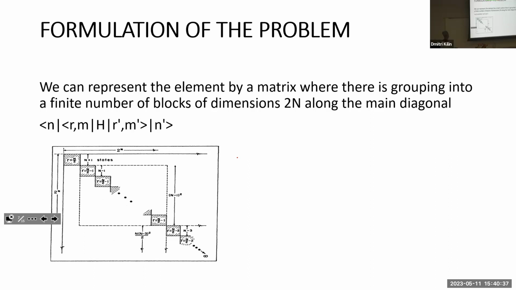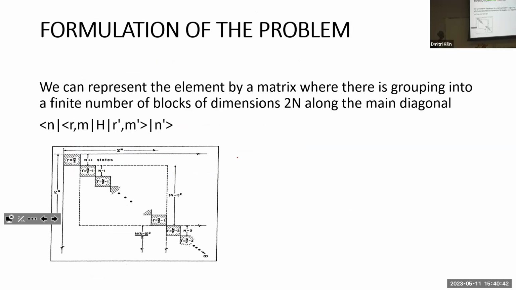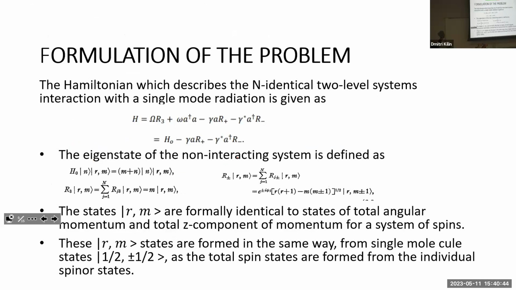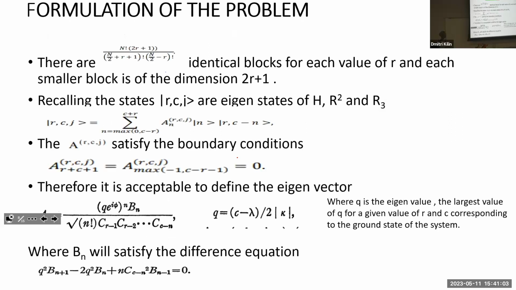Okay. And previously I said that for this 2 by 2 block matrix, the diagonal elements are also split into smaller blocks of matrices, which can be calculated using this formula, and they have dimensions of 2r plus 1.